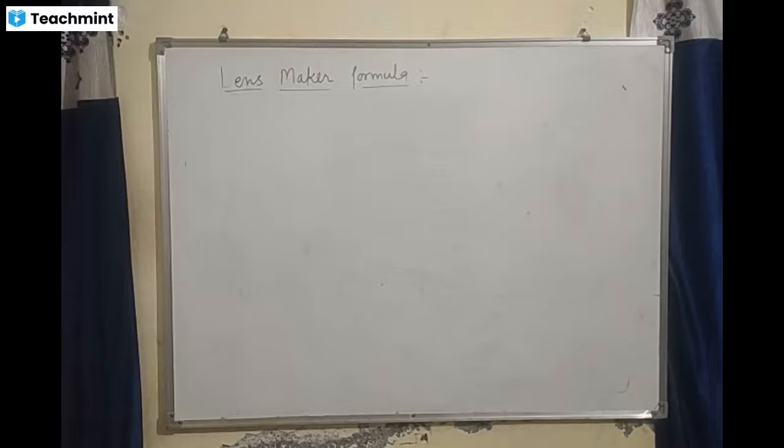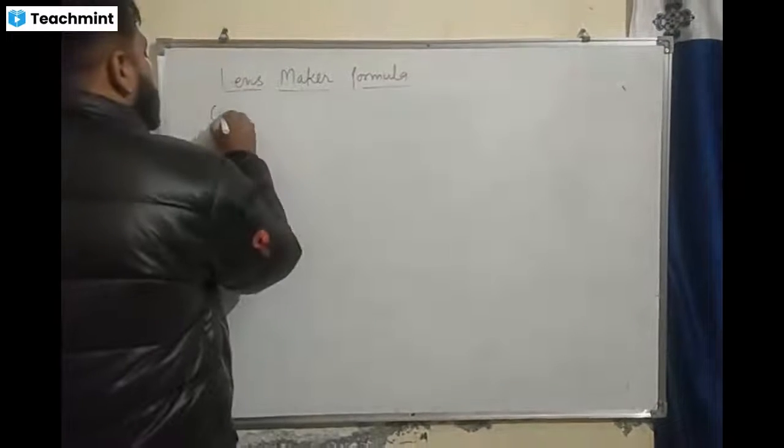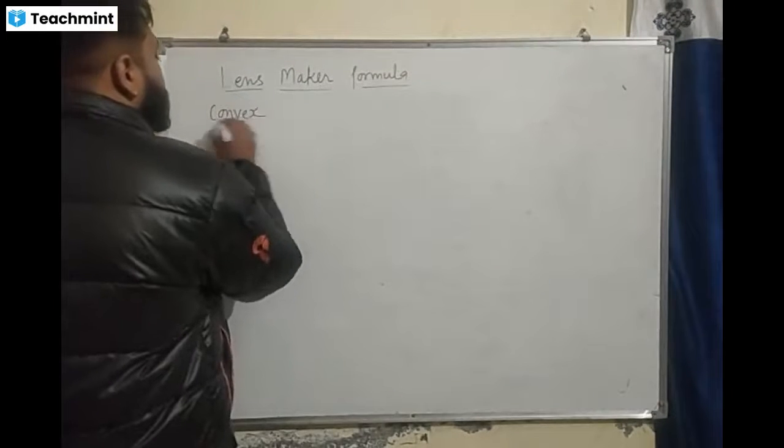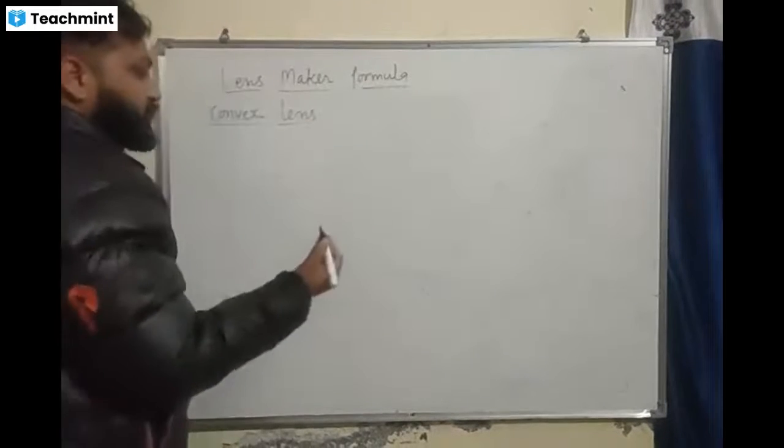Now let's find this relationship for a convex lens. So, the lens maker formula, I am doing it for a convex lens. The diagram is very important.